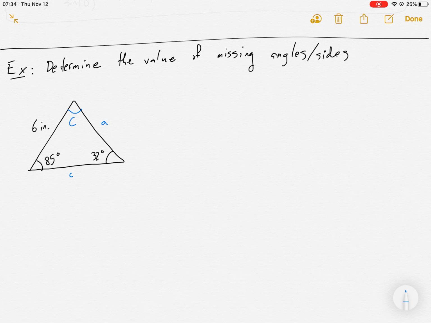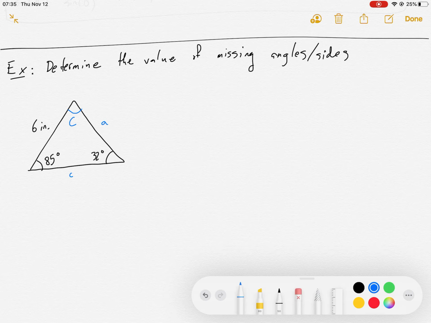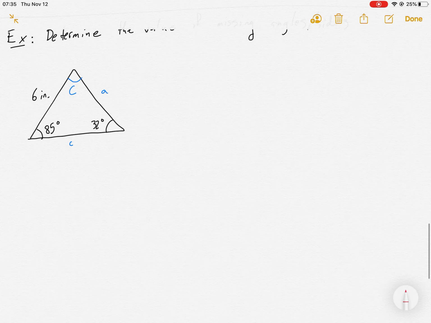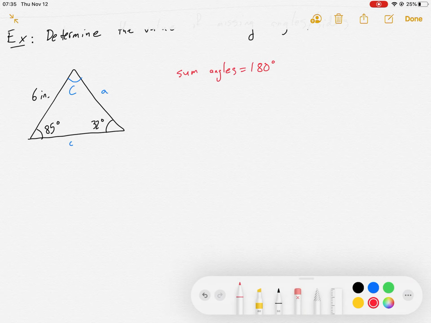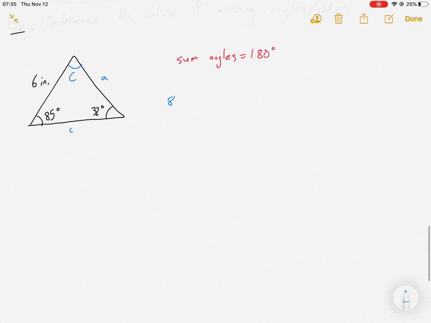All right, now there's a few different ways to start. We did just get this nice nifty formula we could use. Although before I do that, I might just use another fact about triangles. This is something that's probably a good check before you start a problem. The sum of all the angles has to equal 180 degrees in a triangle. So that means that 85 degrees plus 32 degrees plus whatever C is has to actually equal 180 degrees.